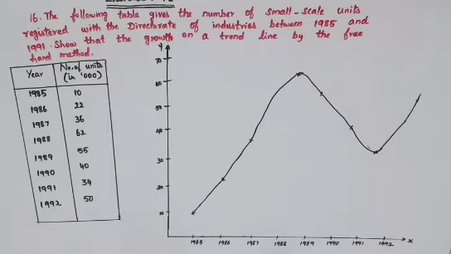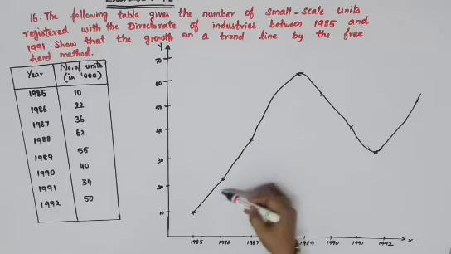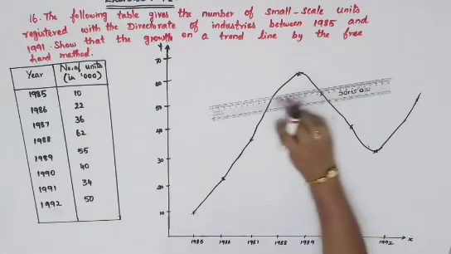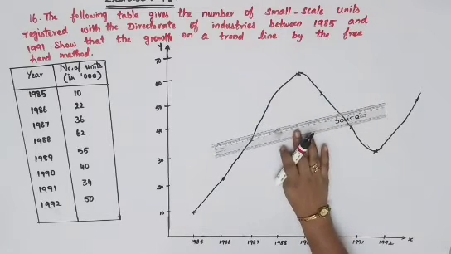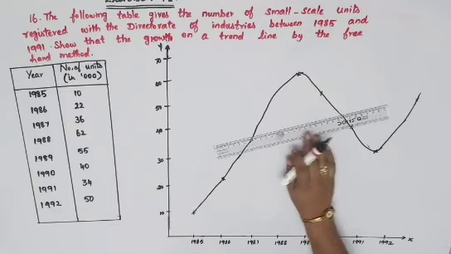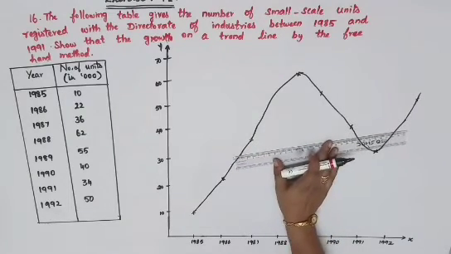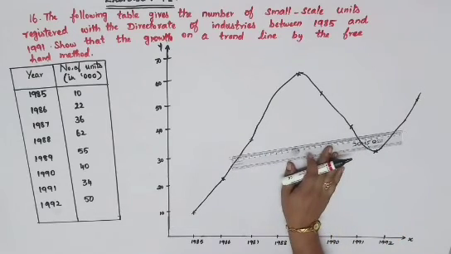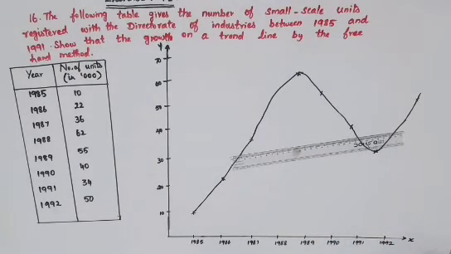Okay, so you will have to draw a line which touches all these three lines. So if you keep like this, only these two lines will be joining. Okay, so again if you keep like this, only these two lines. The maximum number of lines that can be covered is, if you keep like this, all these three lines will be covered. So such that you keep your line according to that. All these three lines are touched with the trend line.